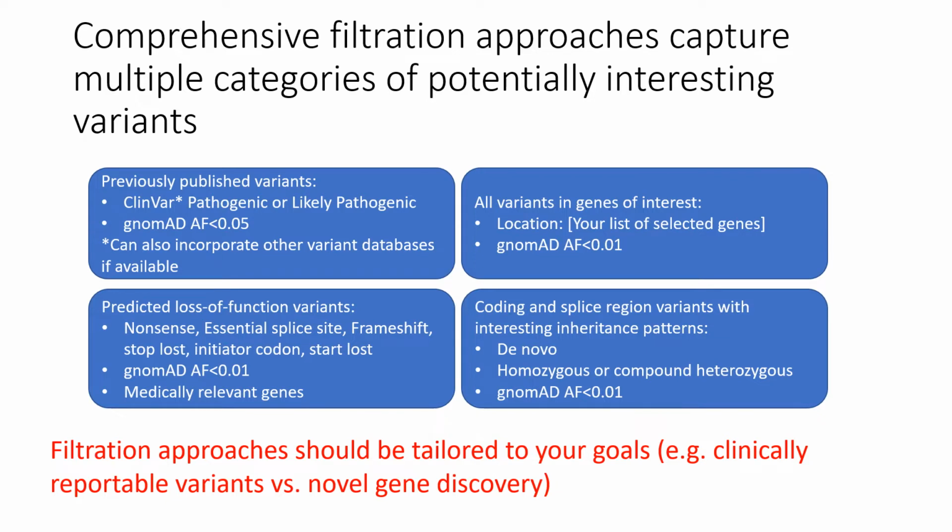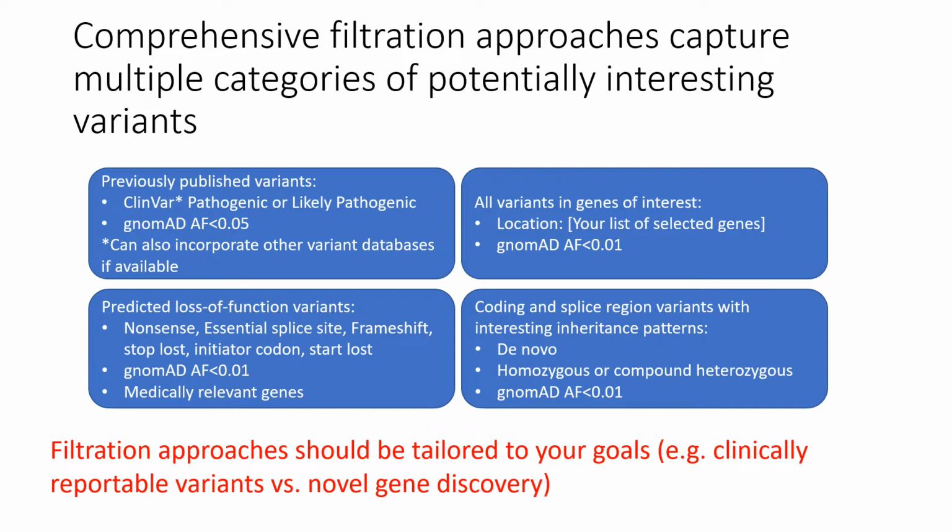We're usually a little more permissive with that cutoff to account for things like founder variants or high frequency known pathogenic variants. We might also filter in the predicted loss of function variants below a 1% frequency cutoff. Sometimes you limit these to medically relevant genes, particularly for clinical cases. And those would be genes that have had any association with human disease in the past.